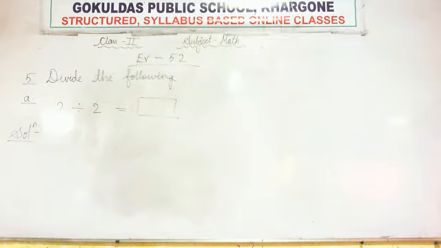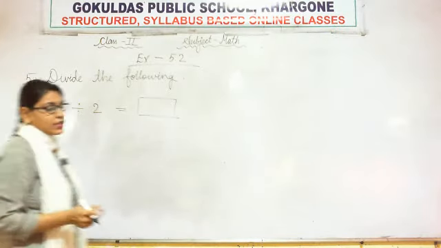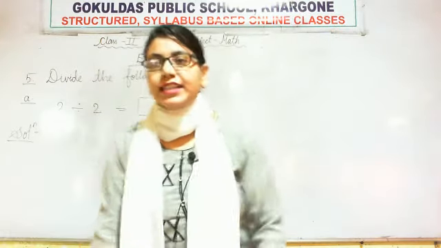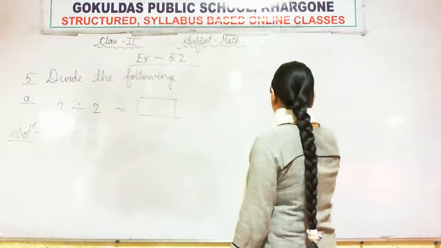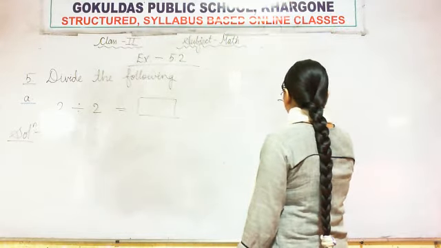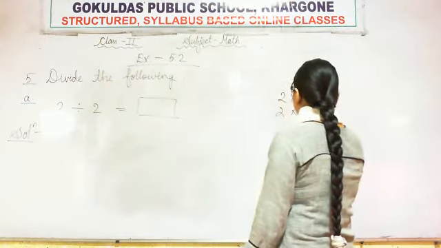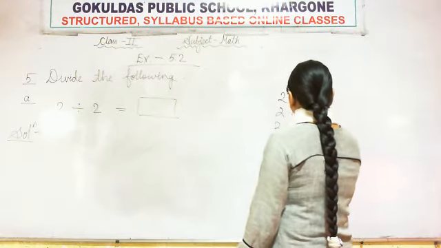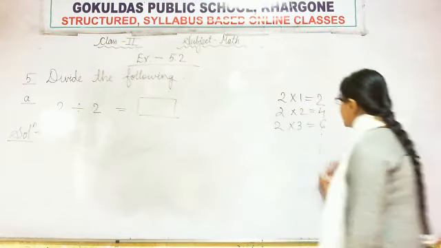We can make the groups to divide, we can repeatedly subtract to divide, or we can divide with the help of divide, multiply, divide cycle. So for dividing this we need the table of 2. So let's write the table of 2. 2 ones are 2, 2 twos are 4, 2 threes are 6 and so on.